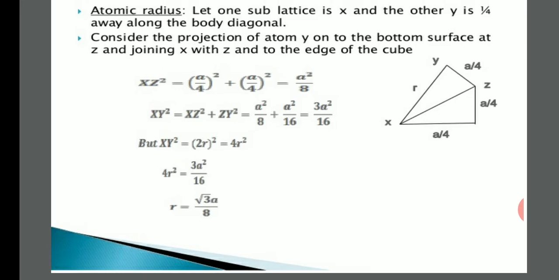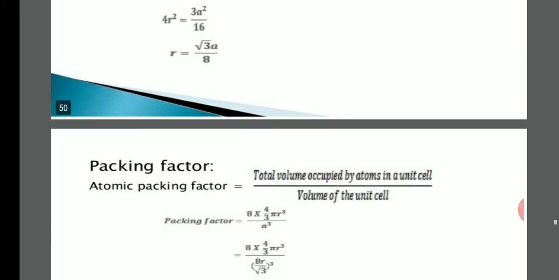But xy square equal to (2r) whole square, that is 4r square. So 4r square equal to 3 a square by 16, then you get r equal to root 3 by 8 into a.